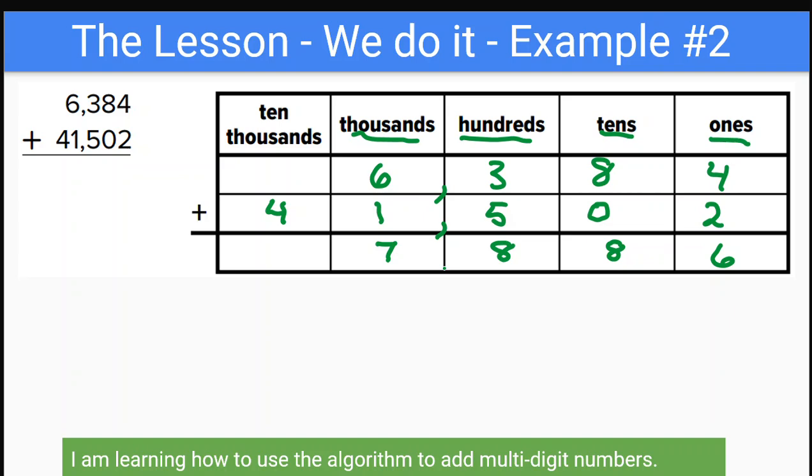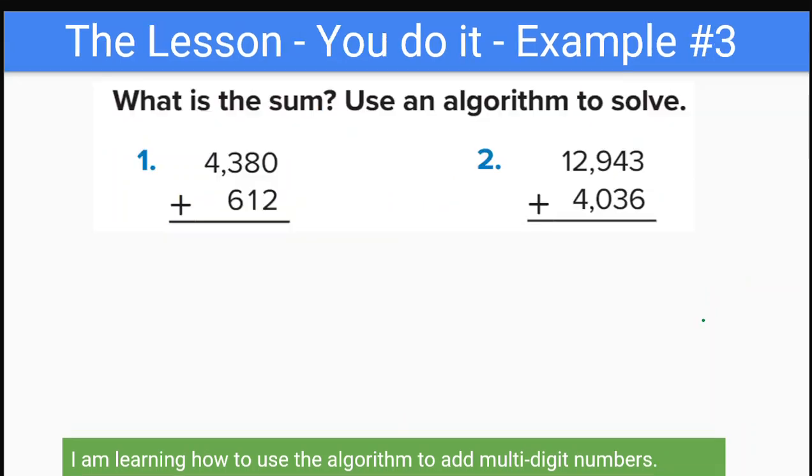Okay, there's going to be a comma right there, right? And then 10,000s. No 10,000s plus 4 10,000s equals 4 10,000s. The sum of this is 47,886. Kids, right now you're learning how to use the algorithm to add multi-digit numbers.